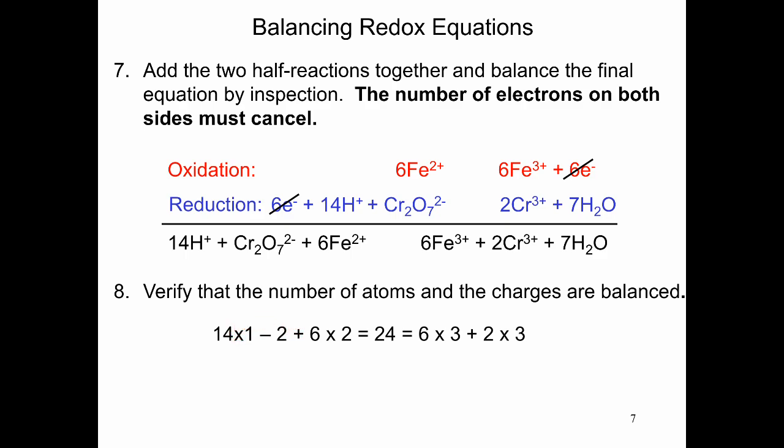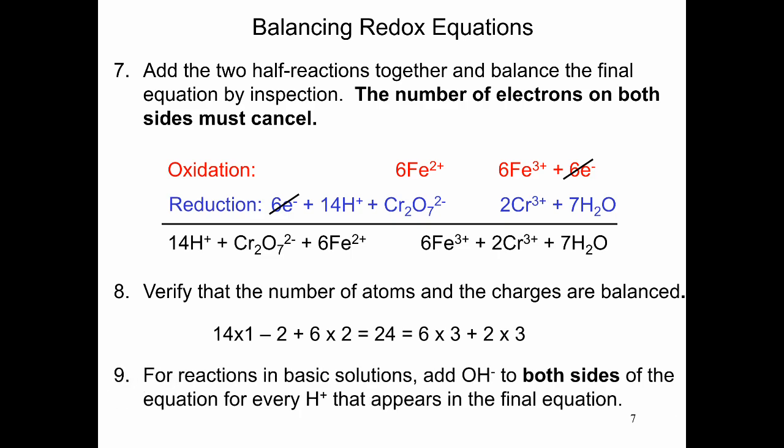On the product side, this is 6 times 3+, so 18, plus 2 times 3+, that is 6. So 18 plus 6, you have 24. So that's balanced. And now this is for acidic solution.